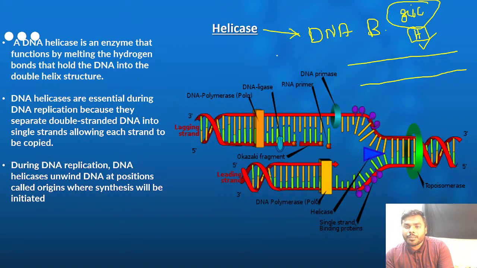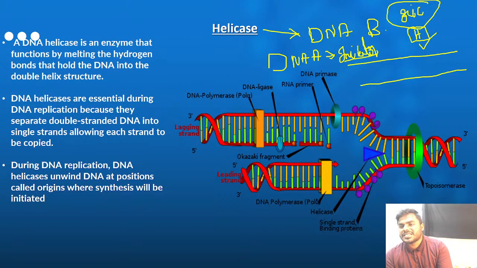So it requires a protein called DnaA. I can call it an initiator protein. Initiator, which recognizes the ORC. So DnaA recognizes the ORC, then DnaB will come and open the double-stranded DNA.